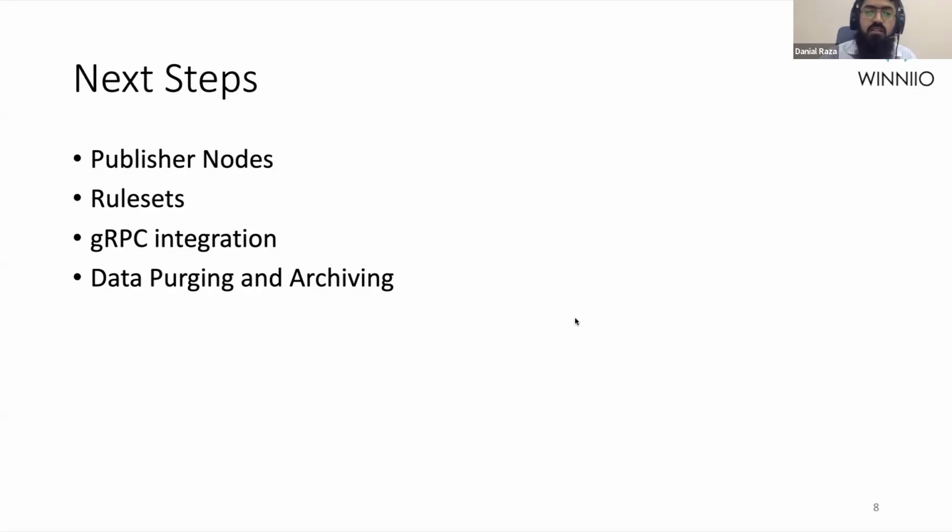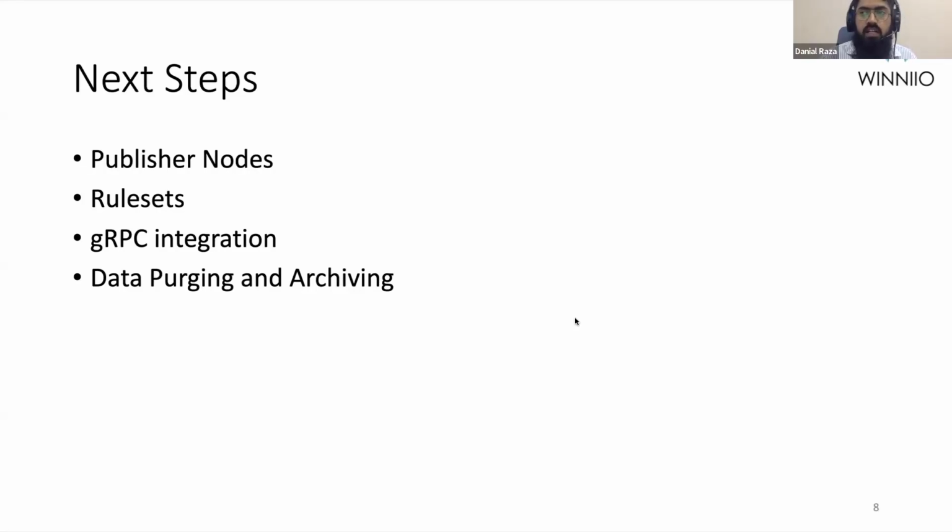Secondly, we already have things in place for limiting the data that is going out of the edge device. There is only so much I can do. But what I can also work on, in order to reduce my network usage, is to reduce the packet size. And to reduce that packet size, we are working on implementing gRPC for our packets.